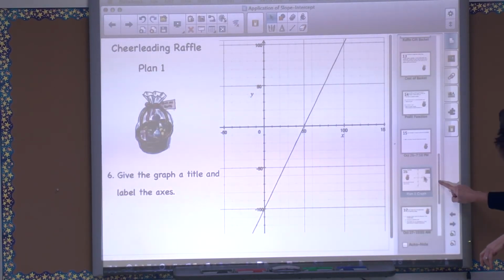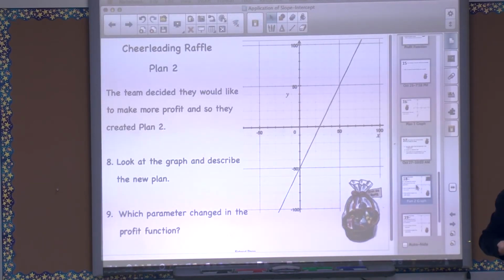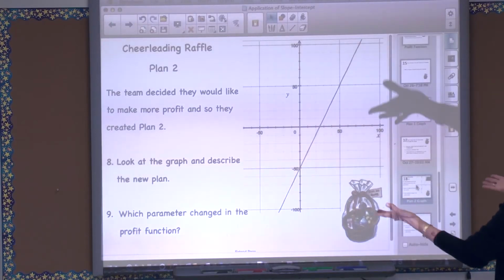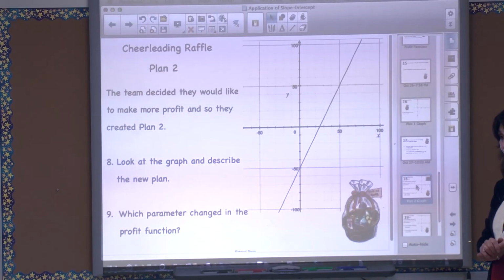Another cheerleader said, I have a different plan. The cheerleaders were great in math, so they liked graphing. The second cheerleader graphed the plan, but we don't have a description for it. So you're going to look at this graph and describe what Plan 2 was.